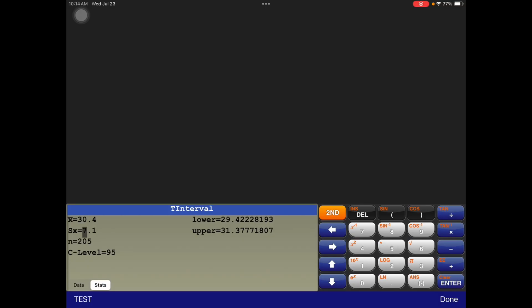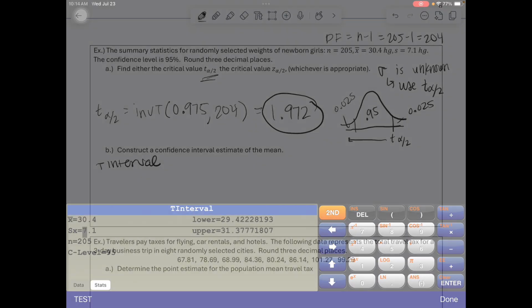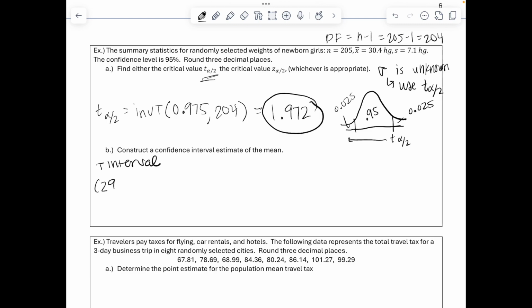From here, select enter, and it's going to give you the lower bound and the upper bound. From our graphing calculator, we get our lower bound is 29.422, and our upper bound is 31.378.